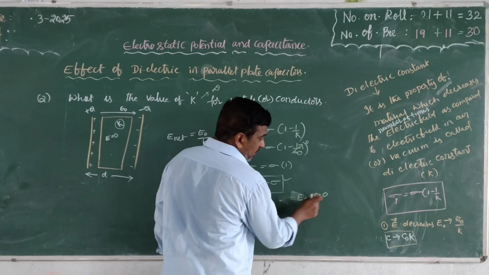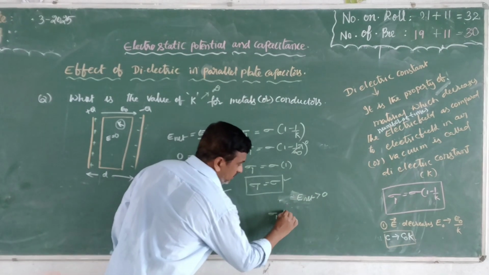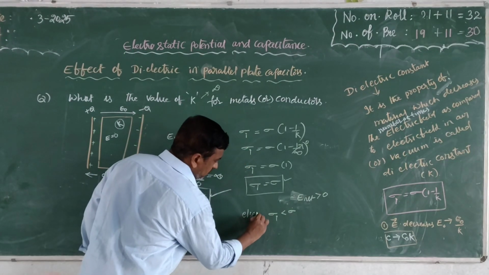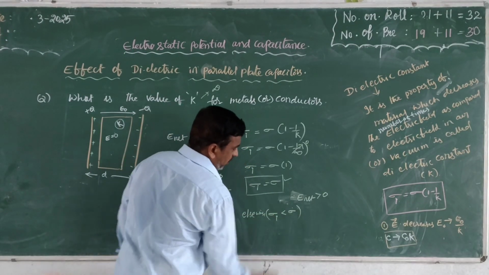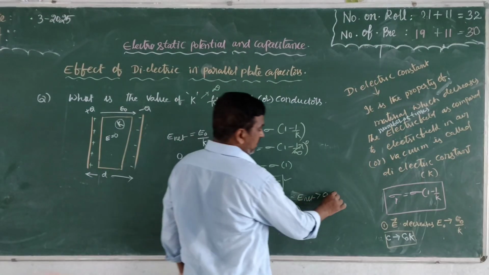So when the net electric field is greater than 0, sigma I is less than sigma.